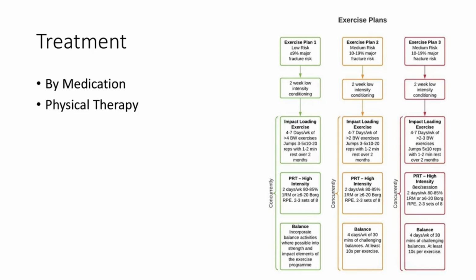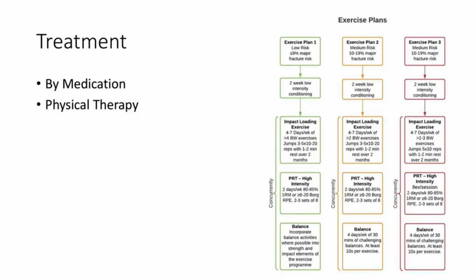And there's a paper in which I have shown some exercise plans that physical therapists use. So we have exercise plans 1, 2, and 3, and I'm not going to go into the detail of it, but exercise plan 1 is for patients who have a low risk of getting fractures, or if they have a fracture but it's not that severe.